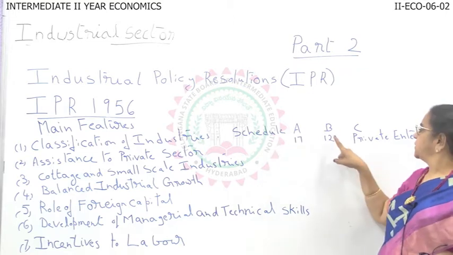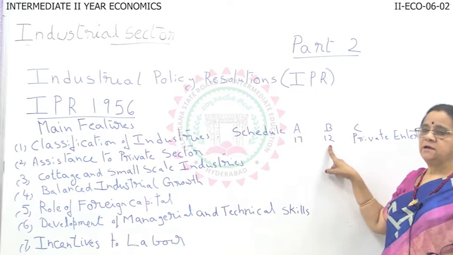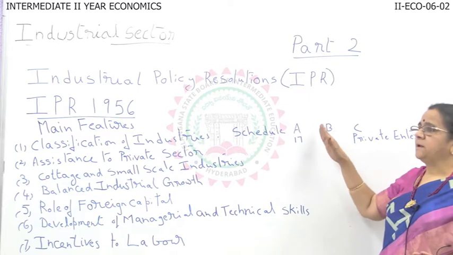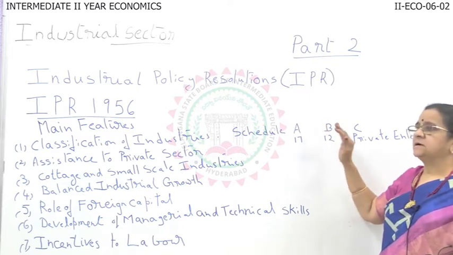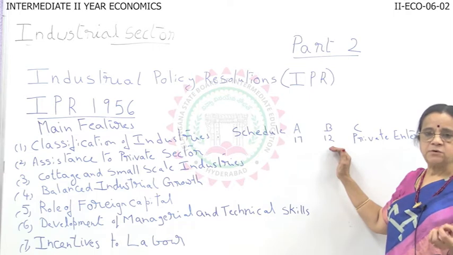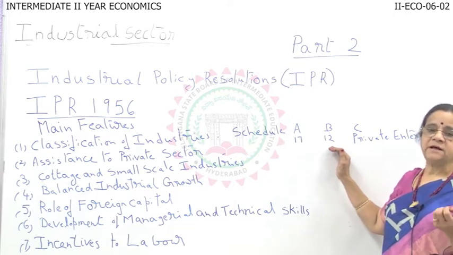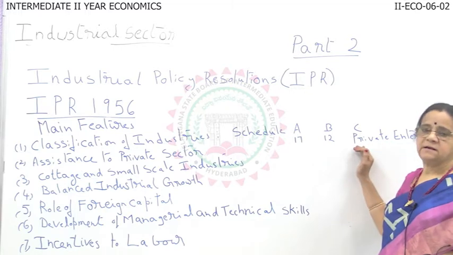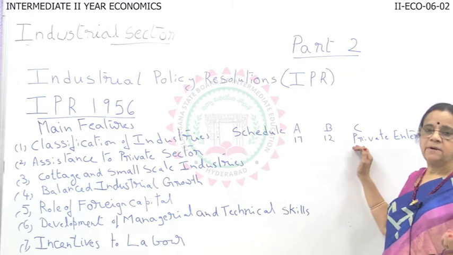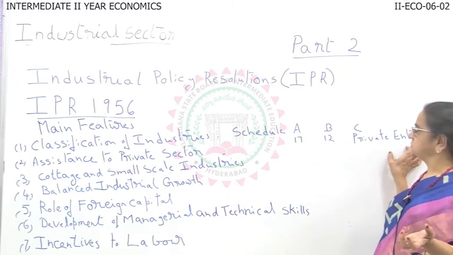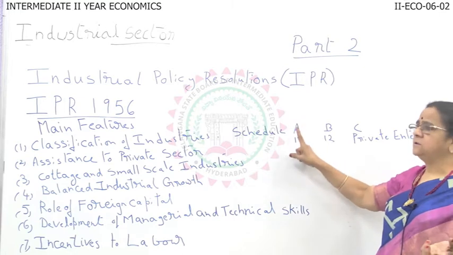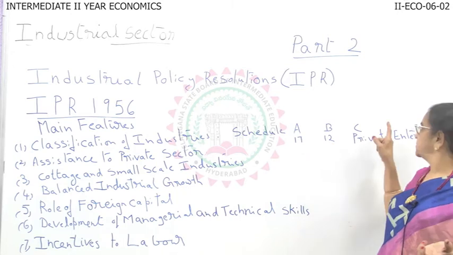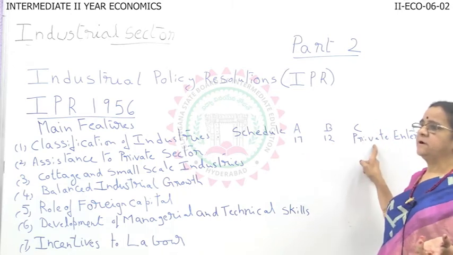Then Schedule B industries in future will be set up by the government. But government expects private entrepreneurs to supplement the efforts of the government. Then Schedule C was freely left to the private enterprise. So industries were classified into Schedule A, 17 industries, Schedule B, 12 industries, and Schedule C, freedom of private enterprise.